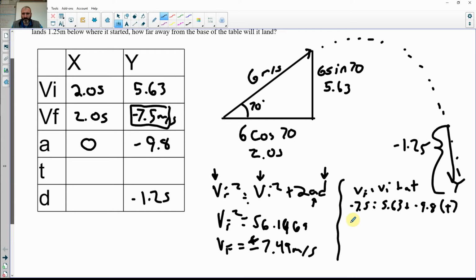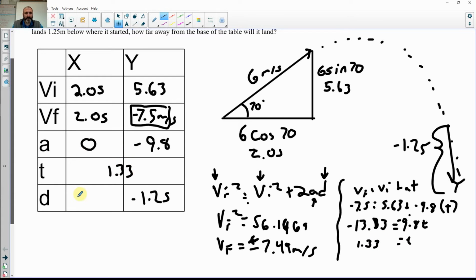That's going to give me negative 13.13 equals negative 9.8 t. Divide both sides by negative 9.8. And we should get a time of 1.33 seconds.